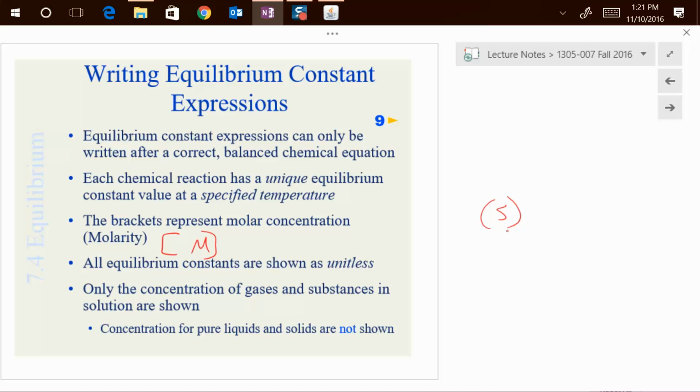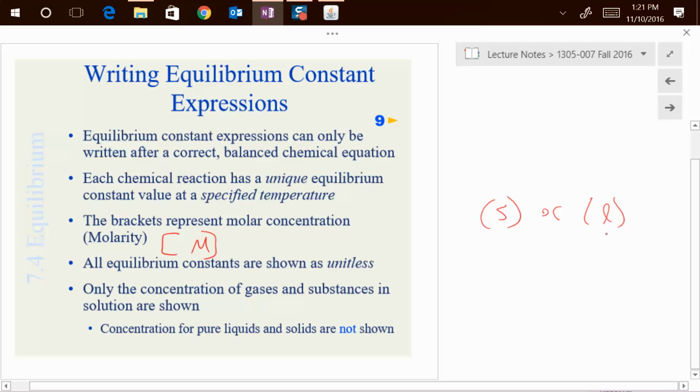If it's a pure solid, there's no concentration to it. So we don't include that in the equation. If it's a solid or liquid, you don't. So if water is one of your products in the reaction, then you won't include the water in the equilibrium expression. Concentrations for pure liquids and solids are not shown.